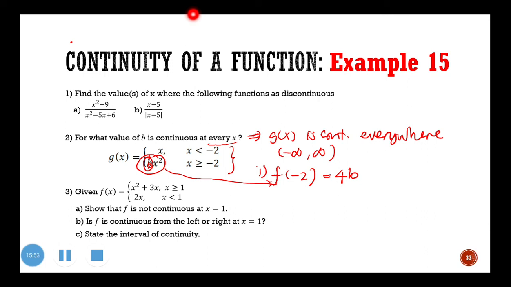Then we check on the limit. We check the limit of f(x) as x approaches negative 2 from the left.